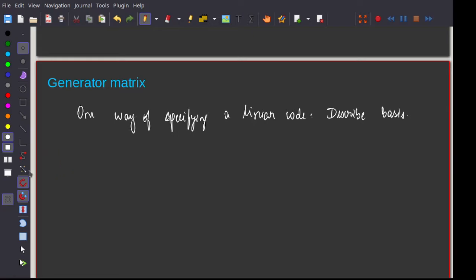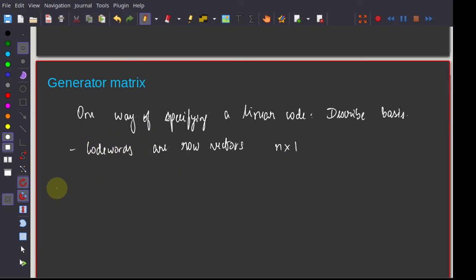For now I'll use the following notation: code words are row vectors. I'm just following the notation that is followed in many books, but you can always think of them as column vectors if you wish. This will fix some of the dimensions. So every code word is basically an n cross 1 vector.